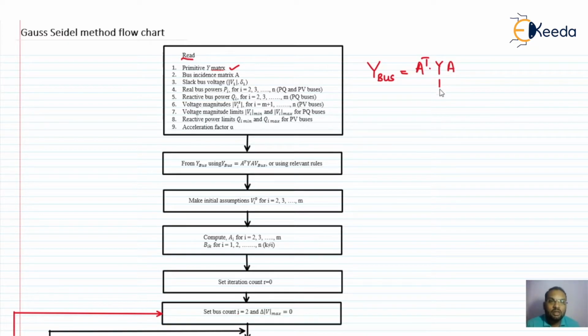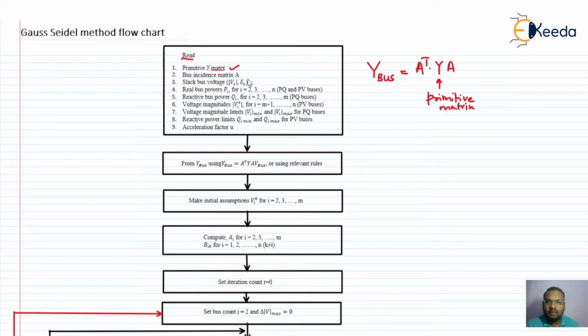So this Y matrix here is nothing but your primitive matrix. We have already discussed how to obtain it. It is a diagonal matrix, and all the diagonal elements are the admittances of each element in the graph of the given power system.